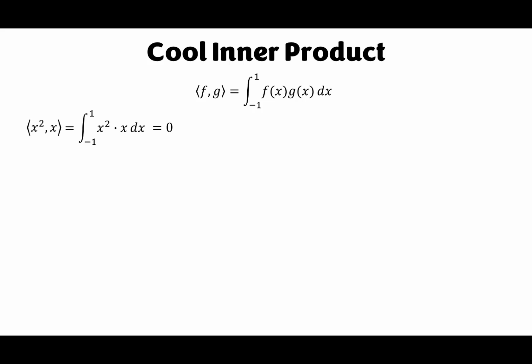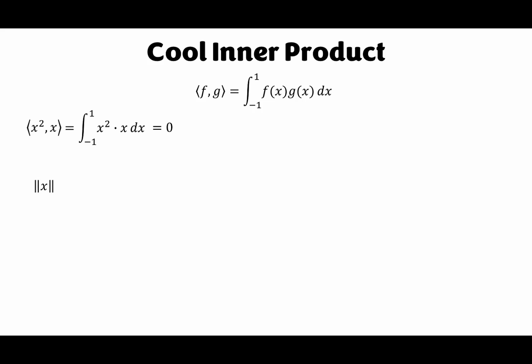And that means x squared and x are orthogonal to each other, right? Using this definition of the inner product. This idea of orthogonality will become really important later on. Now you can't graph these and see that they're perpendicular in a regular geometric sense. It won't work that way, but we'll see this orthogonality property be really helpful later on in an upcoming video.